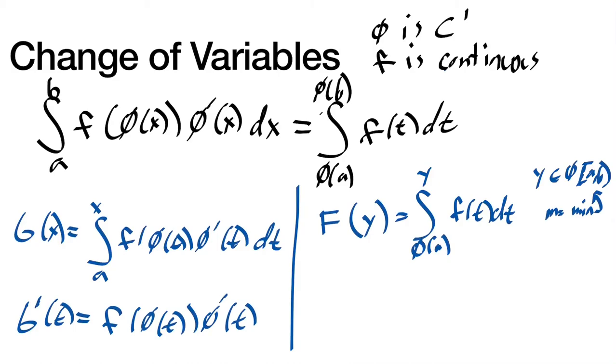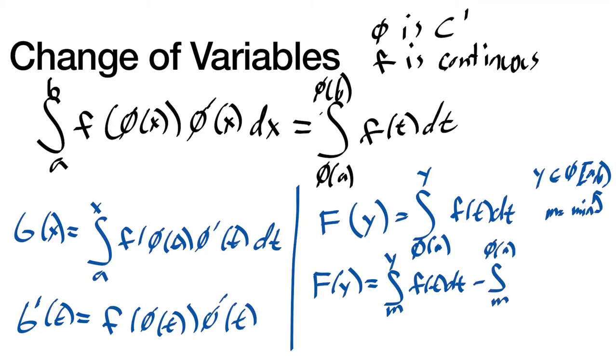I'm going to do one quick change before I take the derivative, and that is I'm going to let m be the minimum value of that set. So m is going to be whatever the smallest value is. And then I'll notice that F of y is equal to the integral from m to y of f of t dt minus the integral from m to phi of a of f of t dt.